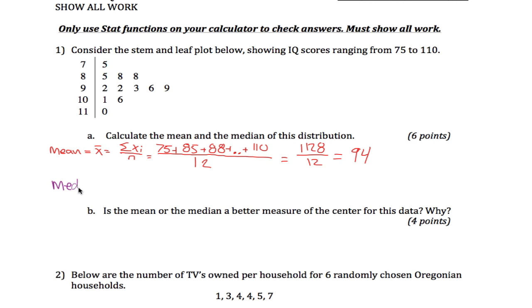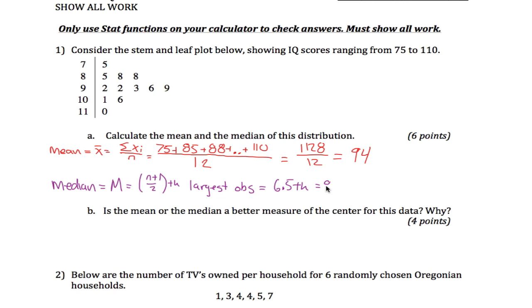Median, which you use the letter capital M to represent, is going to be our (n plus 1) over 2 largest observation. So again, we have 12 observations, so 12 plus 1 is 13. 13 divided by 2 is 6.5.